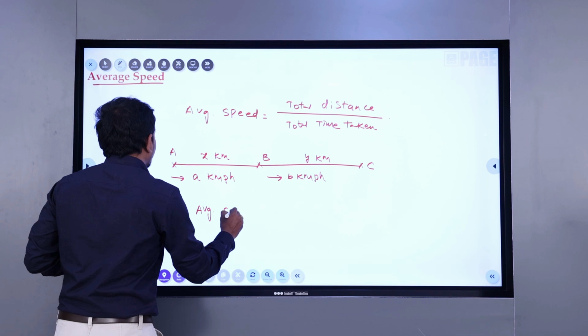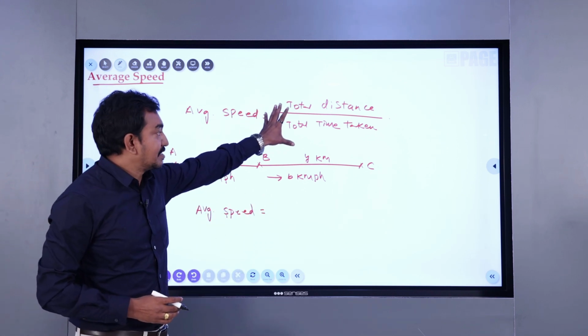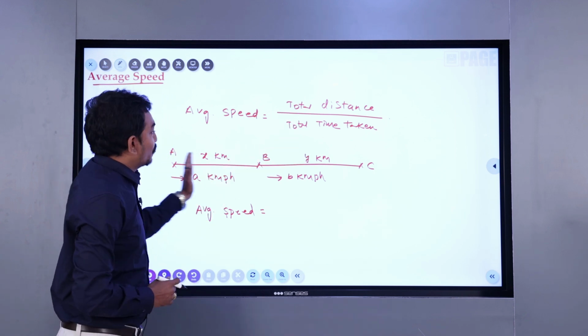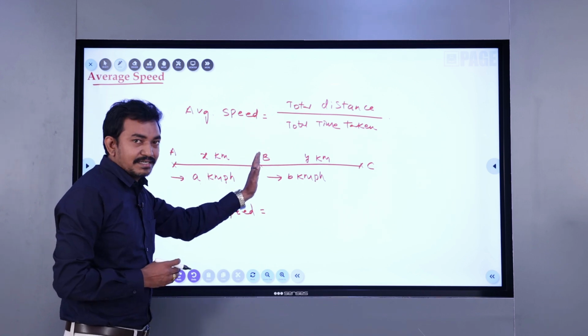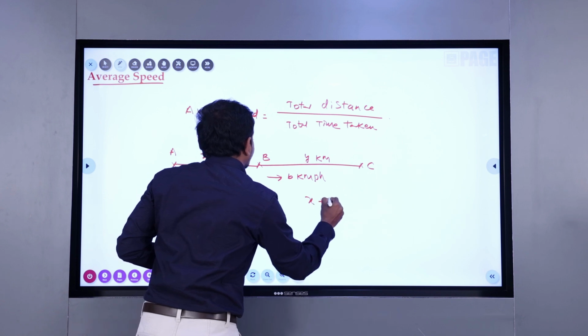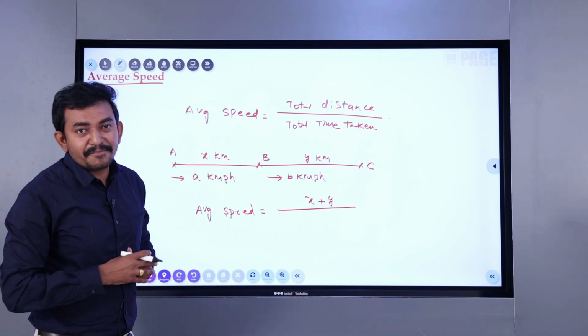As per the definition, average speed is nothing but the total distance traveled in the journey by the total time taken, right? So from A to C, what is the total distance traveled? A to B, x, B to C, y, which put together, the total distance traveled is x plus y, by what is the total time taken, guys?